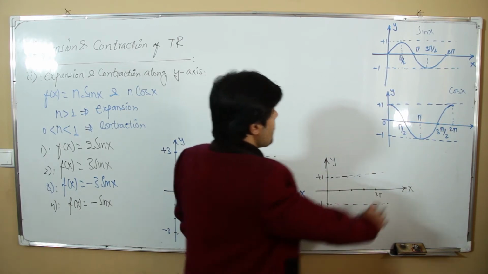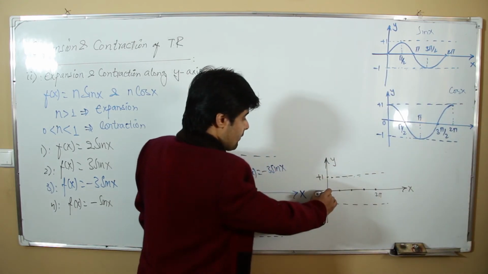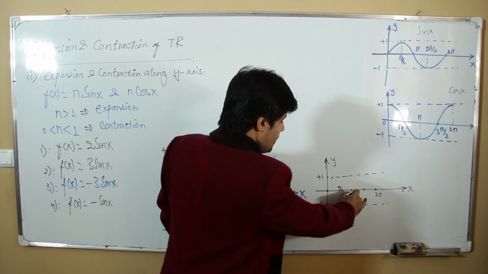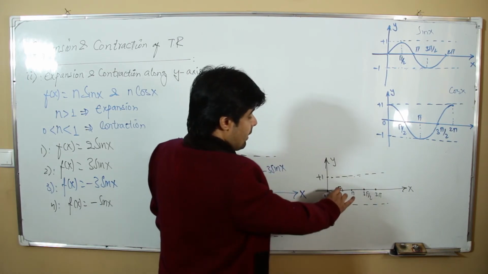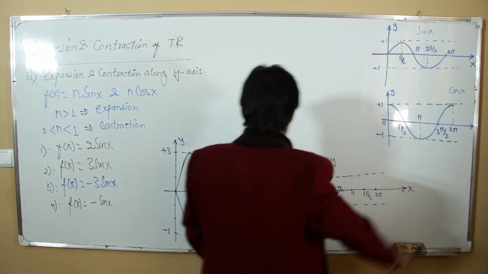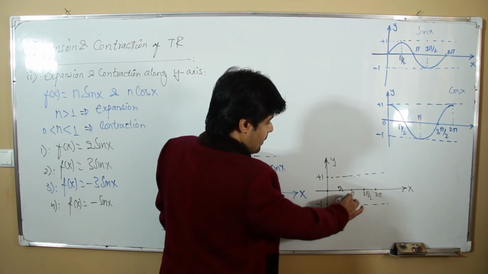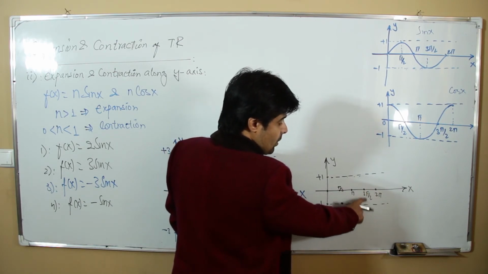But vice versa of this graph. We have this 0. This is our pi by 2, pi, 3 pi by 2, and 2 pi. Now, if this pi by 2 is maximum, in minus 3 sin x, this is minimum. This is a cross. If this one was negative, this one was minimum.